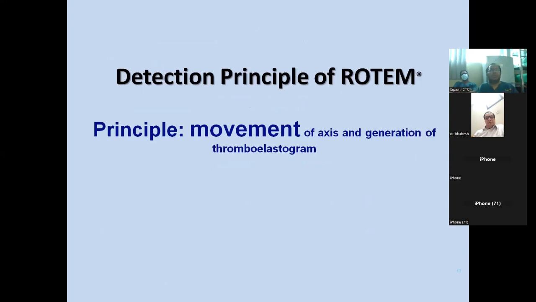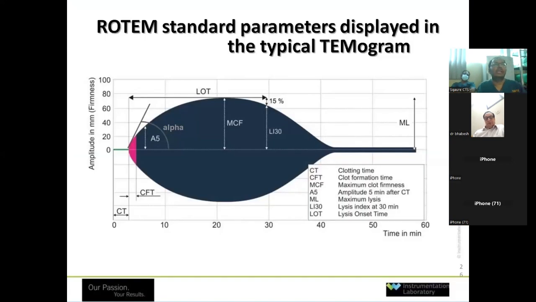So the detection by the ROTEM, the principle I have mentioned before, is the movement of the axis or the sensor pin and generation of a thromboelastogram. We call it a thermogram, the graphical presentation, and that consists of several things like the clotting time or CT, the clot formation time or CFT, maximum clot firmness, which we call A5 or alpha angle, maximum lysis index at 30 minutes, and lysis onset time.